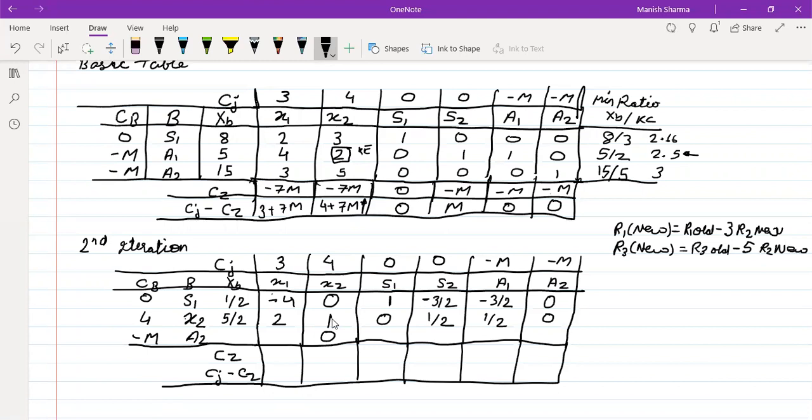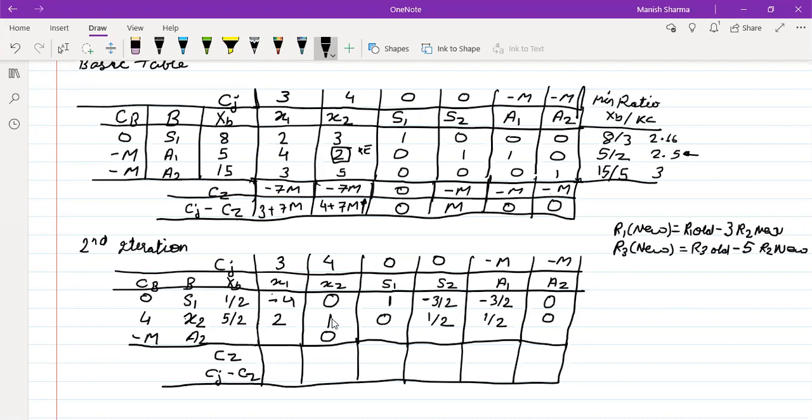For row operation, simply remember this: the new value of a row, whether it is R2, R3, R4, whatever it is, is equal to the old value of that row minus the coefficient in that particular key column, times the new key row. Here the key column value was 5, so this will be minus 5 times R2 new.